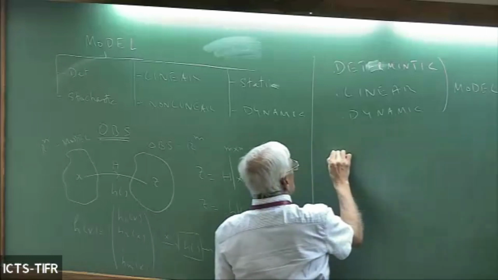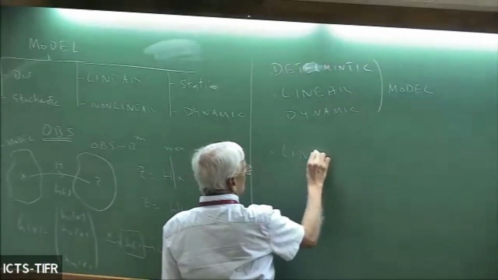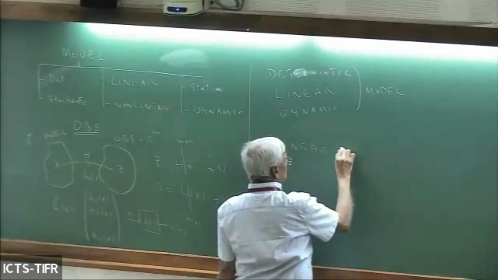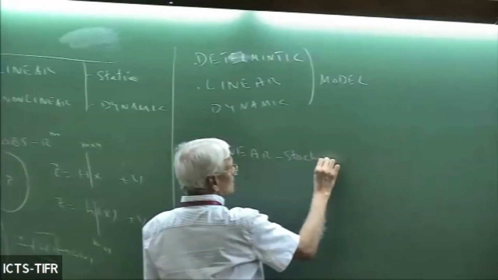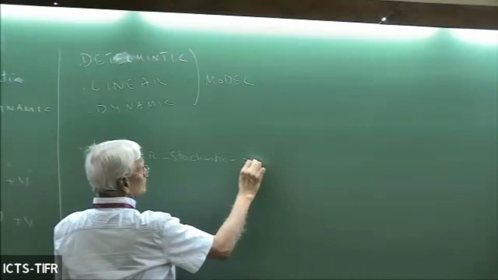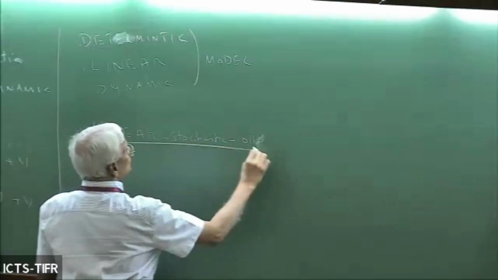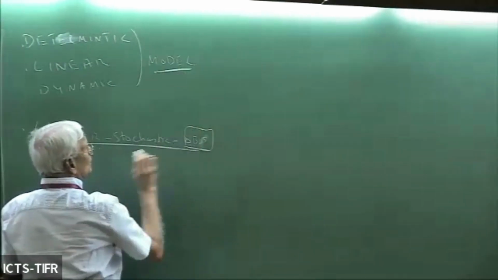I'm also going to talk about linear and stochastic observation. Stochastic observation. So that's a choice. And what is the resulting technique? The resulting technique go by different names. Variational method. It's also called 4D VAR.